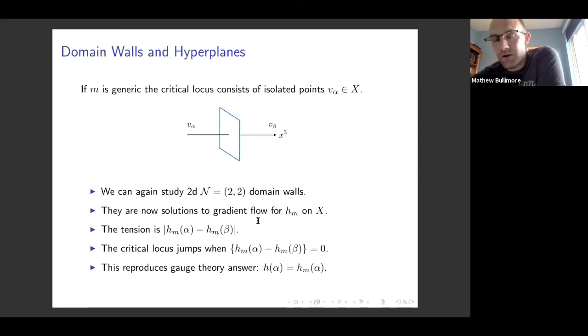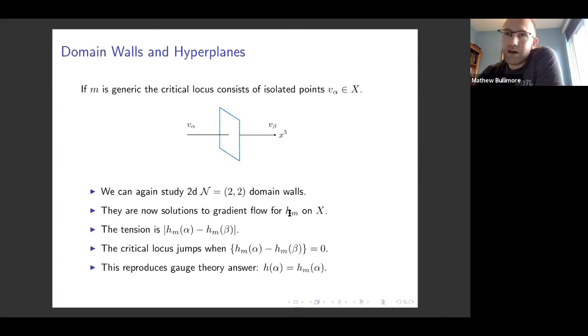Another way to say that is the following. If you look back in the gauge theory perspective, this function h was basically a mixed Chern-Simons term between T Higgs and T Coulomb. Now, the mixed Chern-Simons terms involving T Coulomb are essentially classical from a sigma model point of view.